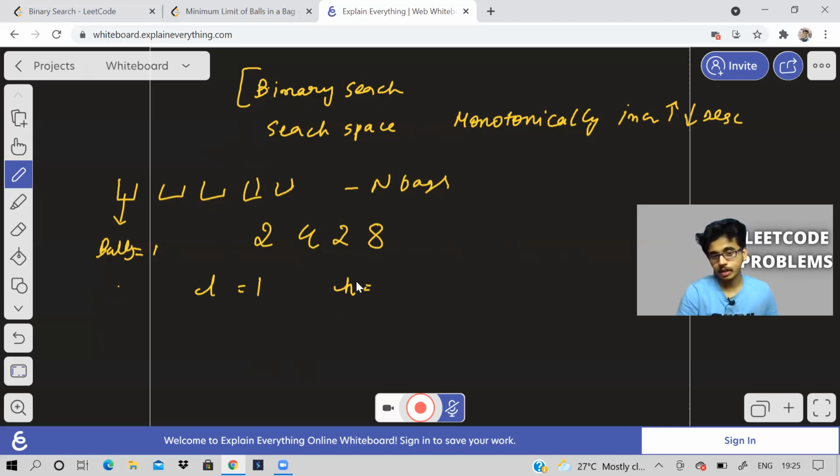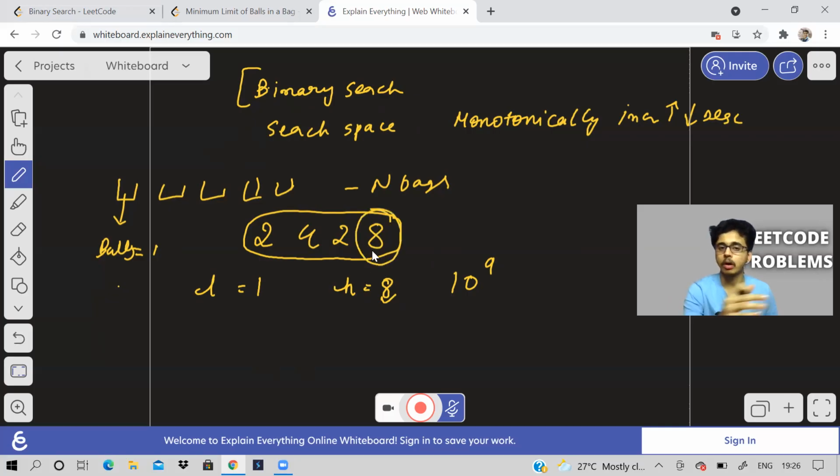And what is our higher limit here? The higher limit shall be the maximum number of balls present in any bag. In this case, 8. Actually, the higher limit you can take as anything. You can take 10 power 9 also, it doesn't matter. But logically speaking, the maximum number of balls you can have in a bag cannot exceed the maximum number of balls in a bag in the original array.